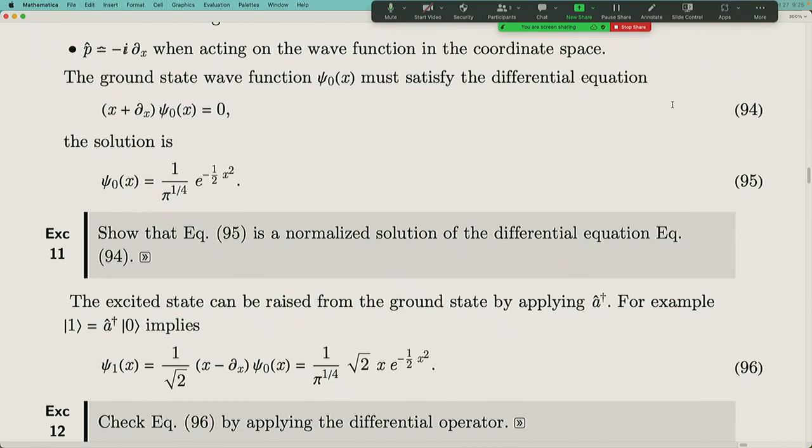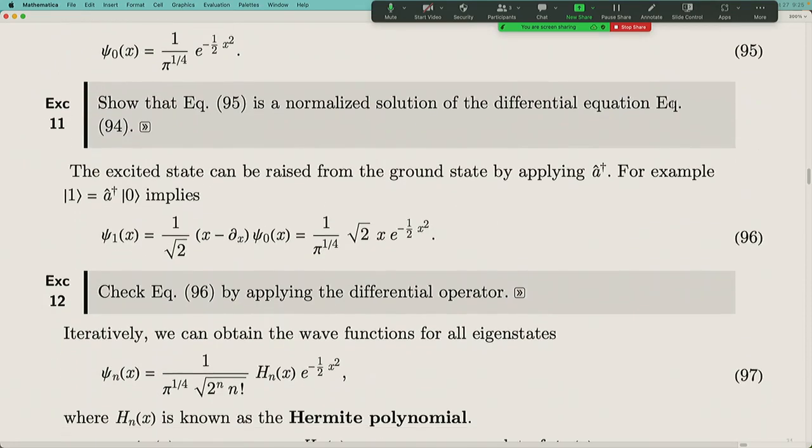So it's a solution of that. And it turns out to be the only solution of that, as long as you normalize the state. Okay, so this basically gives us the ground state wave function, which looks like a peak, a very broad peak. Not very broad, but the standard deviation is actually unity.